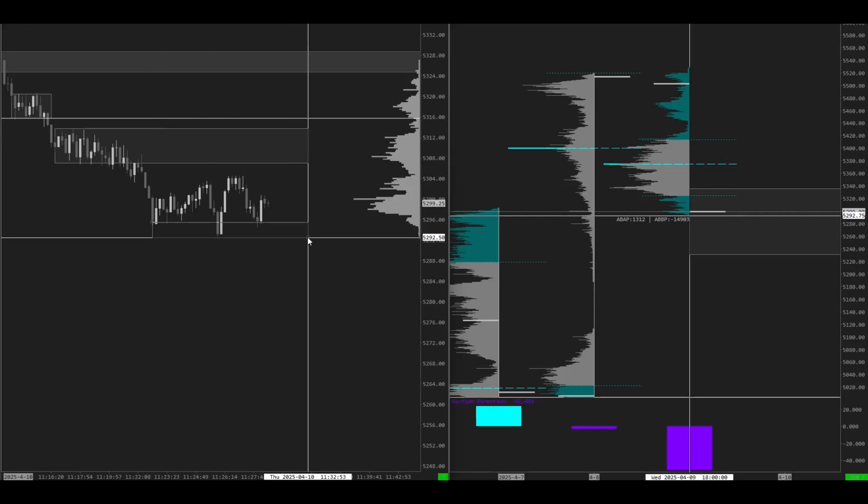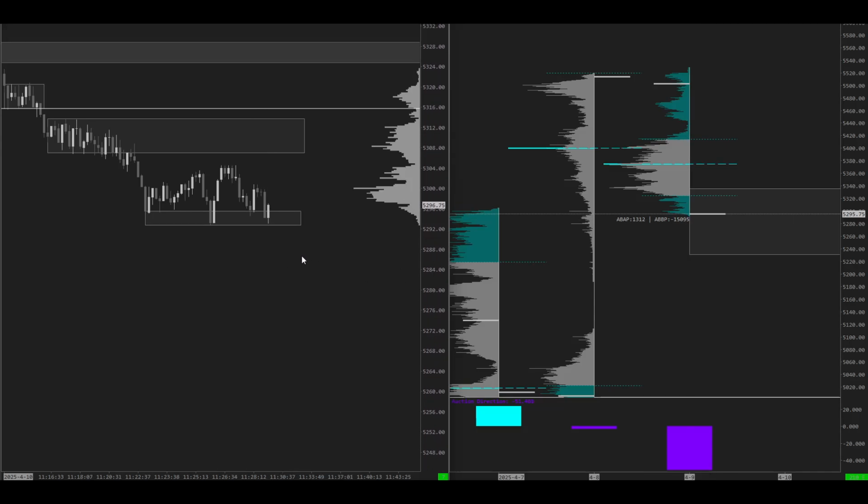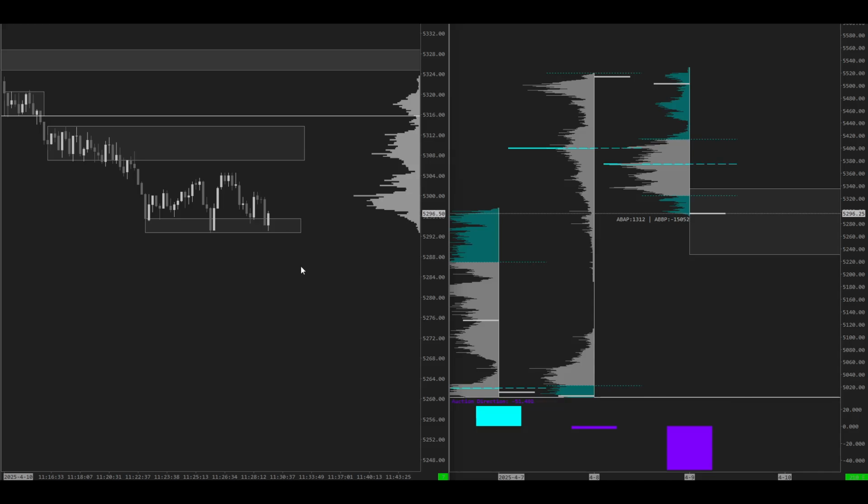I draw it for these lows here. Keeps bouncing every time in this area. Okay, they might be taking it here.